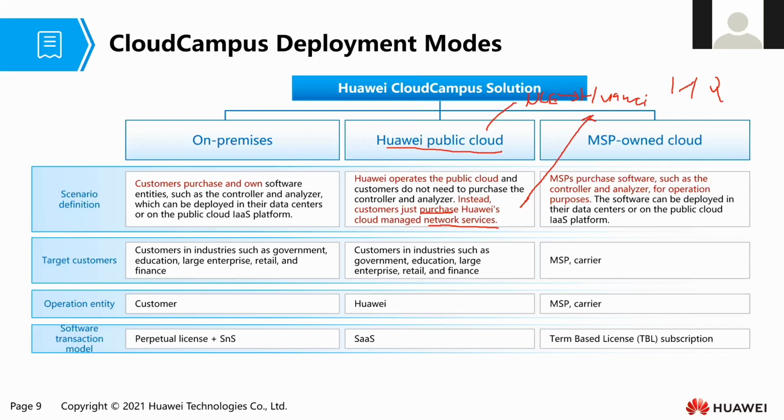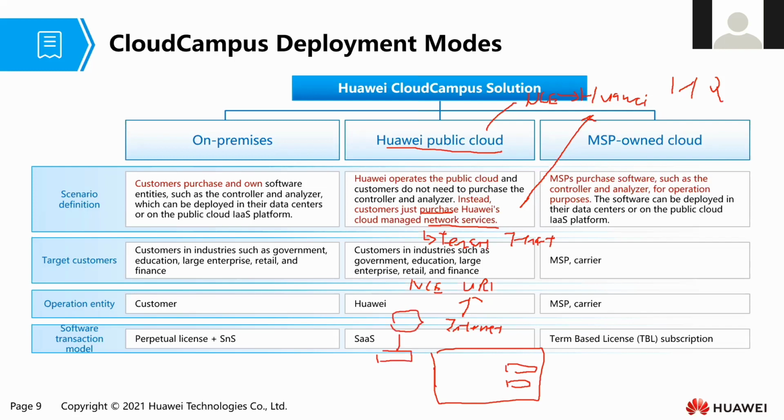The customer will buy a tenant account, and we will have our NCE-Campus URL. The user or customer will access this URL from the internet, and then log into their account. From this URL and account, they will be able to manage all their network devices through the internet.